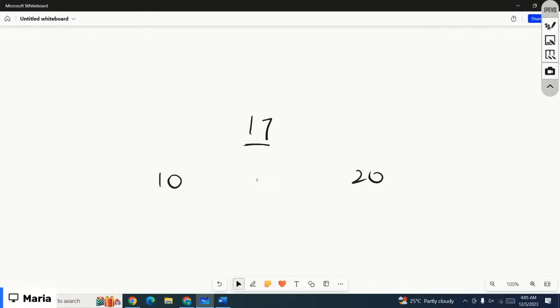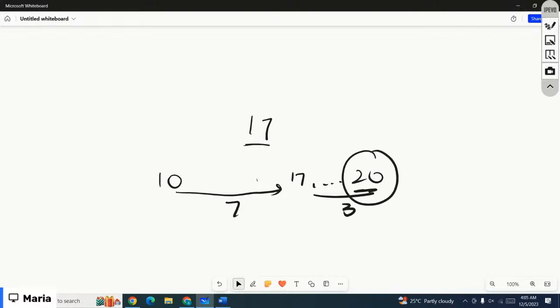Here is 17, 18, 19, 20. From 10 it is 7 points away, and from 20 it is just 3 points away. So you can round off 17 to 20. This is what we do, thinking about the numbers logically. 17 is near to 20, so you can round off 17 to 20.